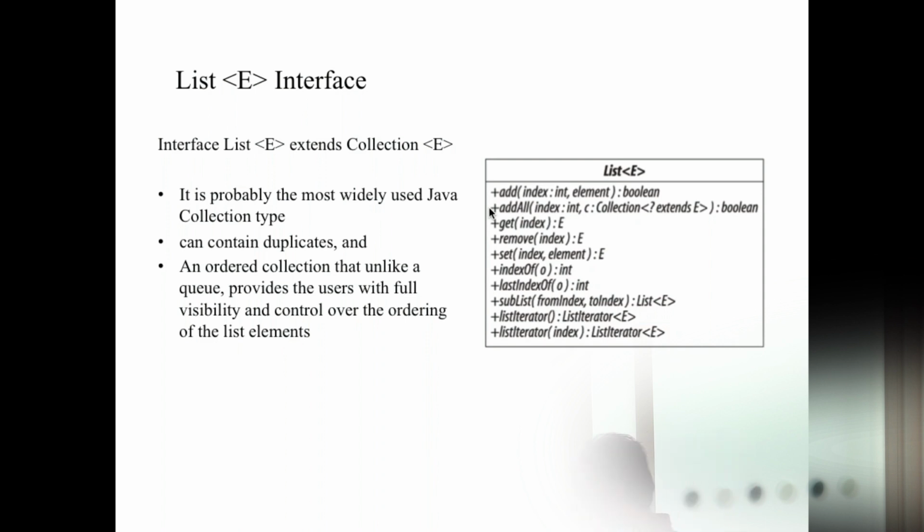And other than that, the list is also called an ordered collection. What we mean by ordered collection is that we use an index. Every element that you insert in a list will get some index value. Like we start the list from 1, 2, 3, but in computer science, we know that the index starts from 0.